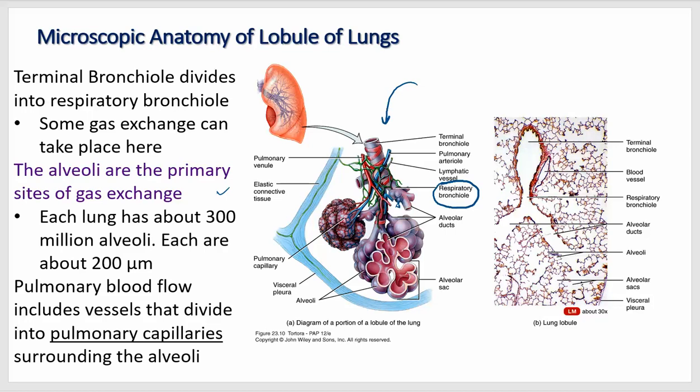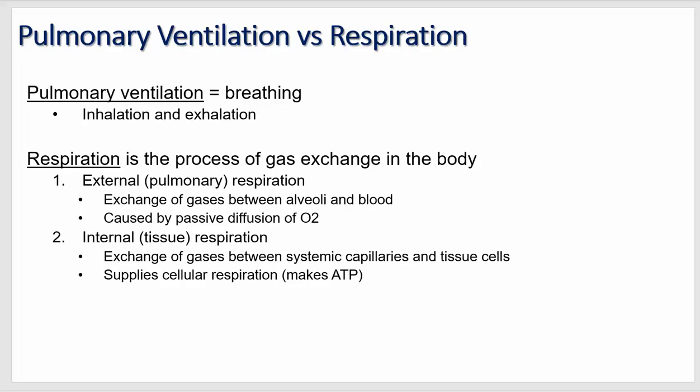The blood is moving very slowly, going down in the blue, because it's deoxygenated, and then it moves past and is exposed to the air as you're breathing, and then it gets oxygenated. So it's moving past all of these to gain that oxygen and to drop off that carbon dioxide. Those pulmonary capillaries just surround all those alveoli.